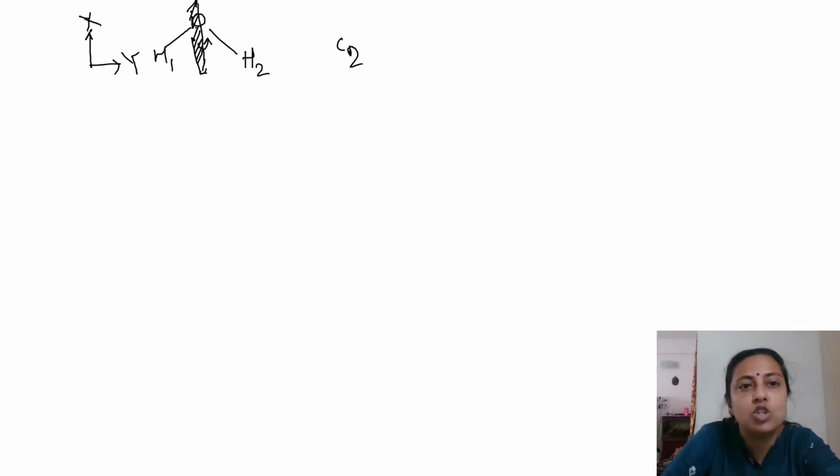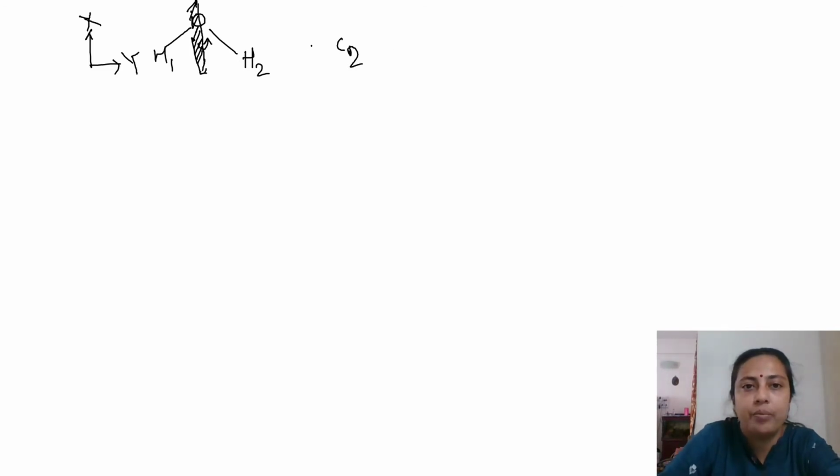Because your C2 axis is along the Z axis. So that plane is actually containing the C2 axis. So the plane which contains the principal axis is called a sigma V plane. So if you have one sigma V plane, the symmetry relationship makes sure that it is having two sigma V planes.